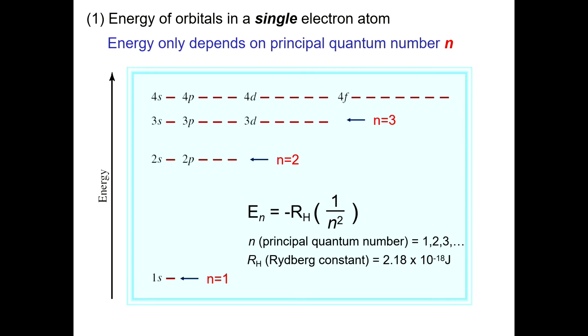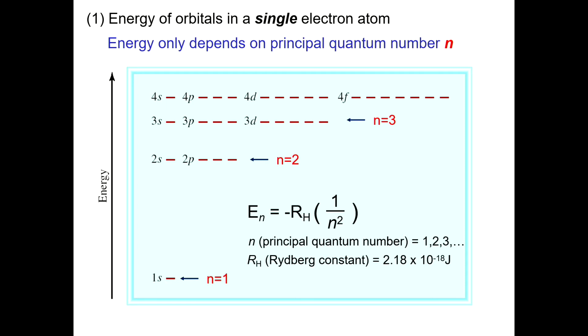So basically, these are the orbitals in the atom. For example, if n equals 1, the orbital is only 1s. When n equals 2, it can be 2s and 2p. If n is 3, it can be 3s, 3p, 3d.